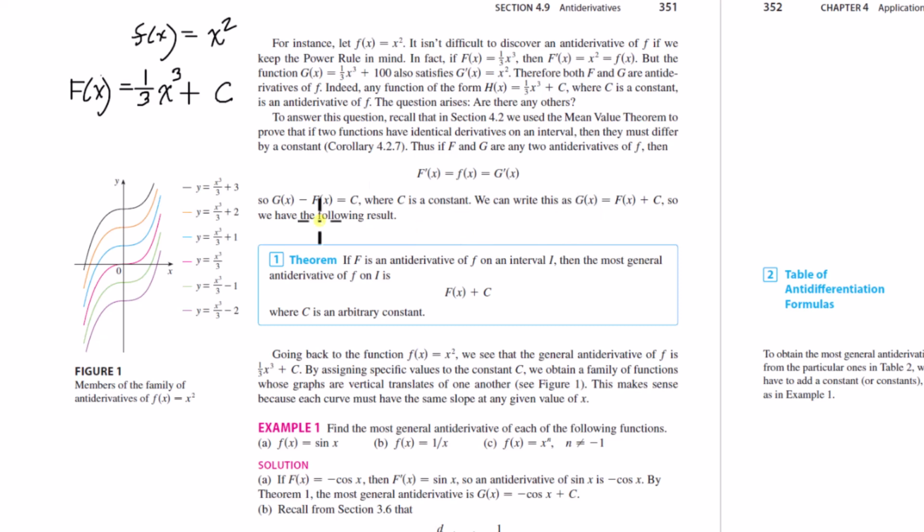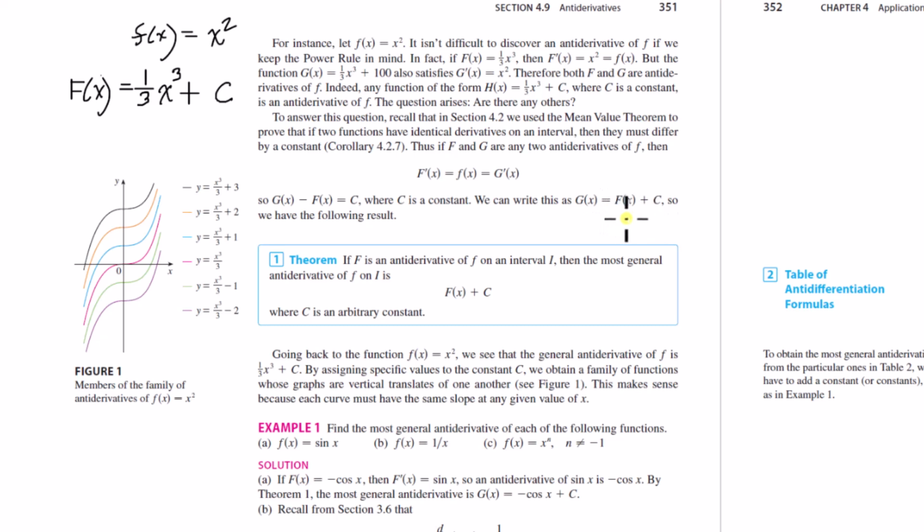The reason they give here is, okay, you've got the antiderivatives capital F of x and capital G of x, two different functions, but their derivatives result in the same function. We proved in section 4.2 that this means capital G of x minus capital F of x, not the derivative of the original functions, is equal to a constant. So if you add capital F of x to both sides, capital G of x is equal to capital F of x plus c.